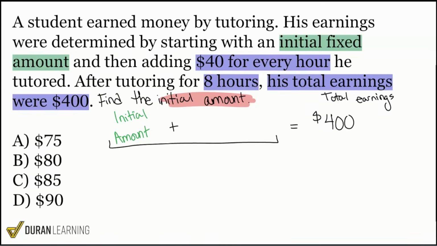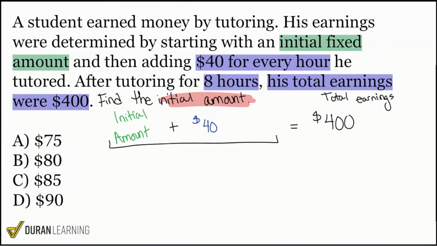How do we get how much we earned from just the tutoring? Ignore the initial amount. What do we do with the 40 and the 8? That's correct. We are going to multiply, because if it's 40 per hour and we do 8 hours, we got to multiply to get the total amount that we earn from just tutoring.